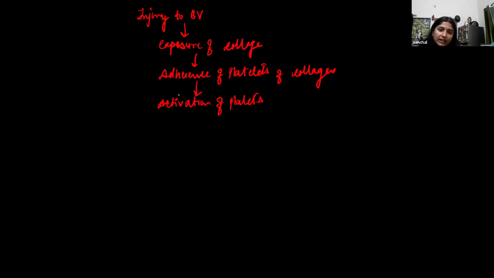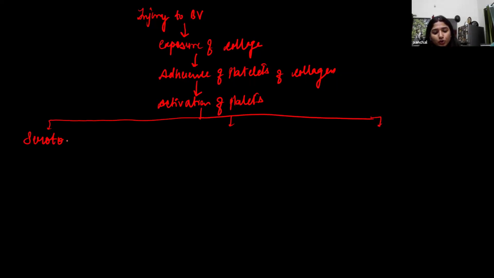And whenever there is activation of other platelets, 3 steps will occur one by one. First, it will lead to secretion of serotonin, and serotonin will cause vasoconstriction. So this is stage 1, or step 1 you can say.